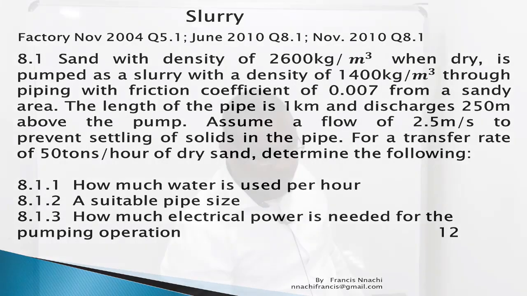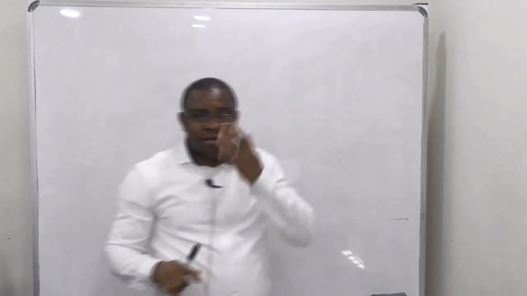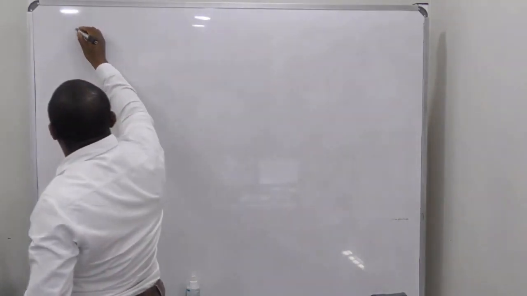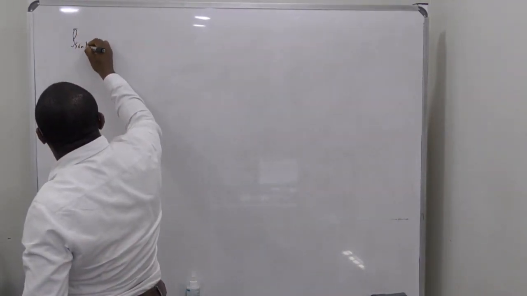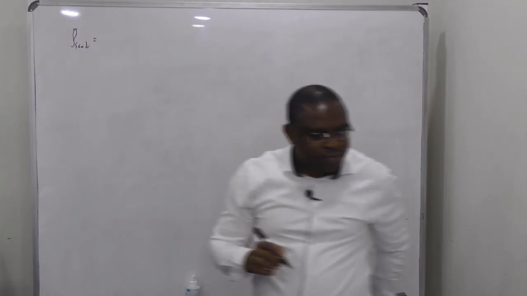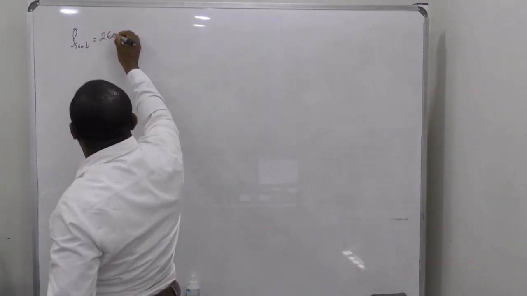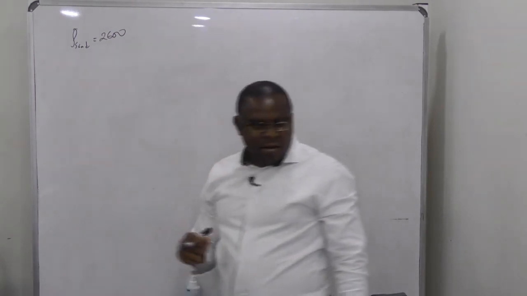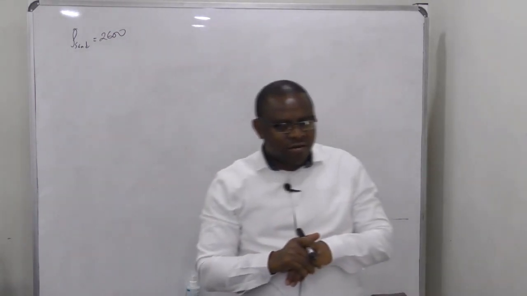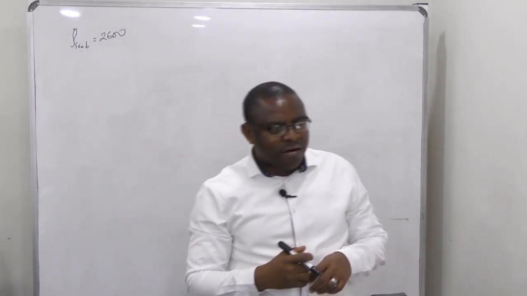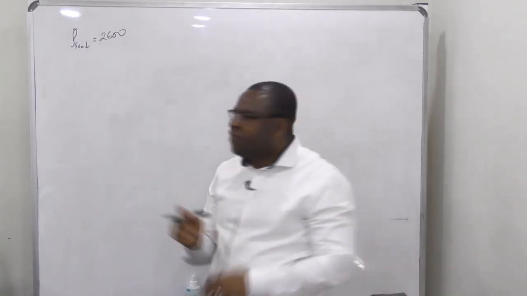Okay, so now let's look at that question. Now it says the sand. Let's check the sand. Density of sand is 2,600. Okay, the sand of density 2,600 when dry is pumped as a slurry with a density of 1,400.